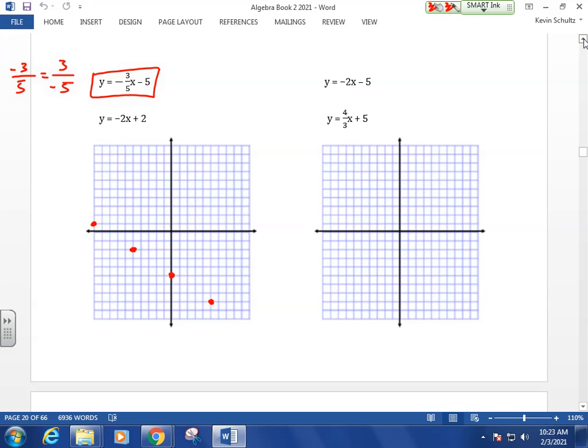The second equation we'll do in green. And we're going to start at positive 2 and go down 2 over 1, which is our slope. Continue that trend. Looks like we didn't really have to go up to the left here because we're going to hit our point right there.